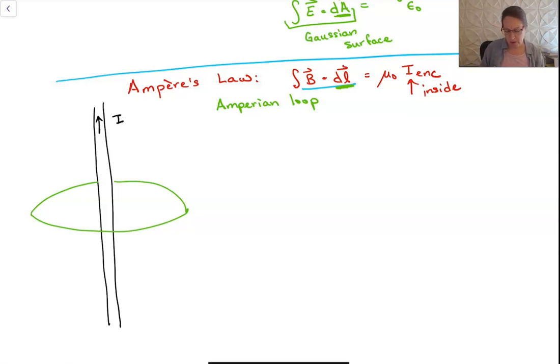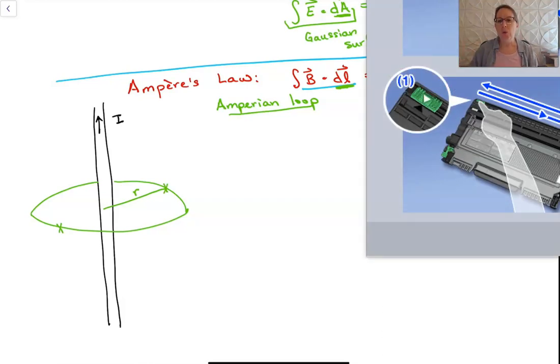So everywhere is the same distance r away. So this is our Amperian loop here that is size r, and we pick the r for finding the magnetic field that we want. So again, we're trying to find the magnetic field, say, right here, or maybe right here, somewhere a distance r away.